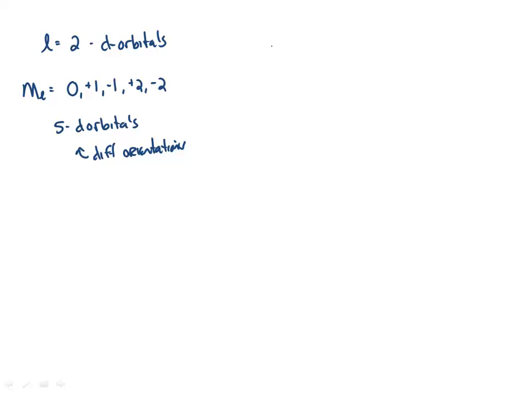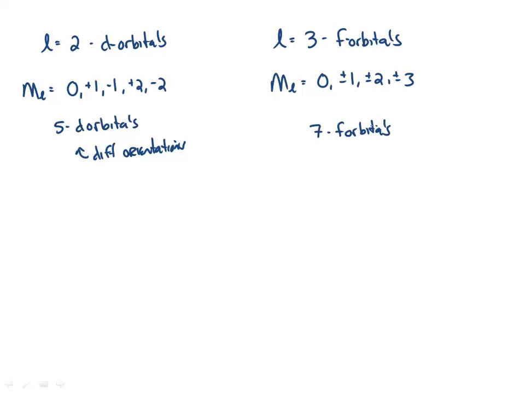The last one we'll talk about just for completeness' sake is L equals 3. We said that's our f orbitals. And so we can have m sub L equals 0, plus or minus 1, plus or minus 2, and plus or minus 3. So that gives us 7 f orbitals. So that kind of makes sense?